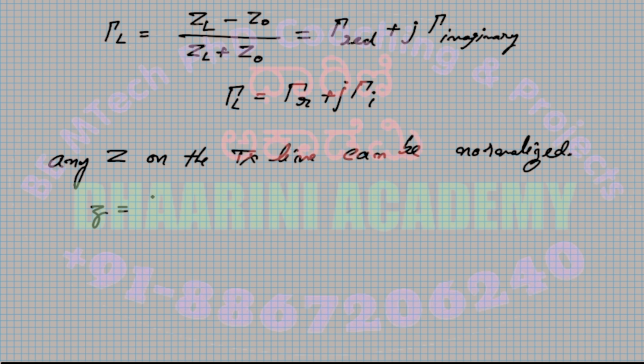Normalized in the sense that I had a capital Z, but I'm converting that into a small z. Small z is equal to, let me do the normalization with respect to the load. So how do you do it? Divide that by the Z naught value. You can see that ZL, we already have written, is R plus jX. I divide that by Z naught. So I actually get R by Z naught plus j times X by Z naught.